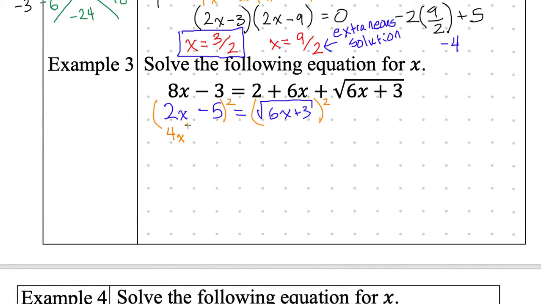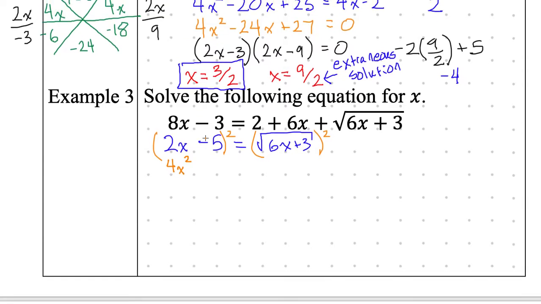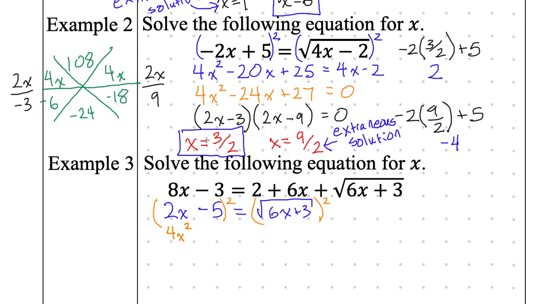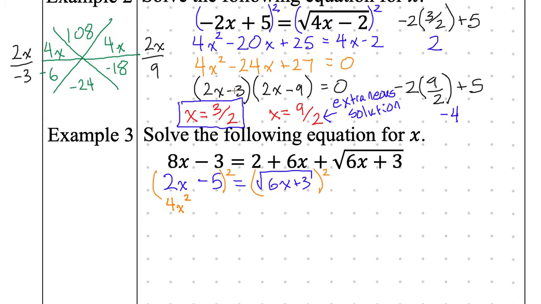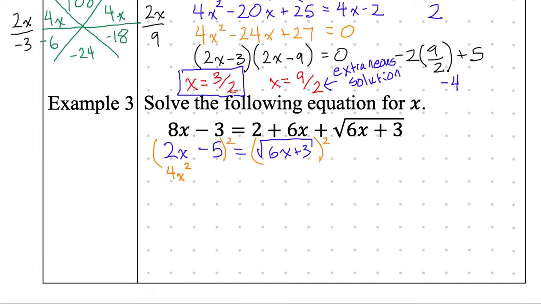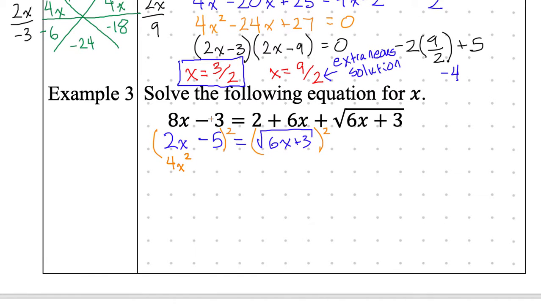4x squared. Oh, it's almost the same. Geo, 4x squared. So multiply these two together. 2x times negative 5 is negative 10x.